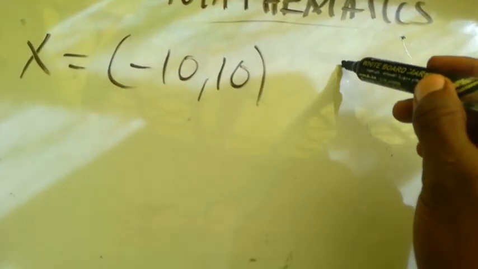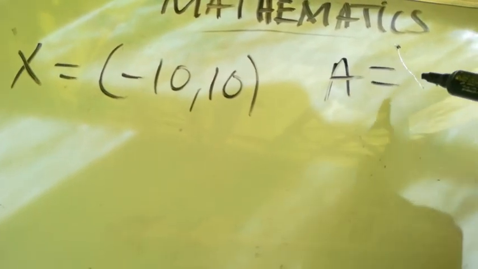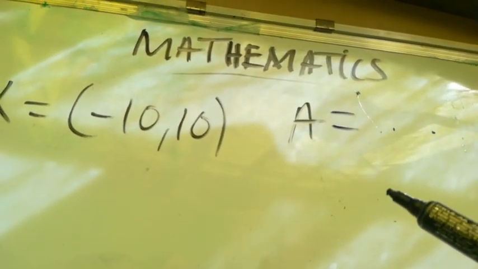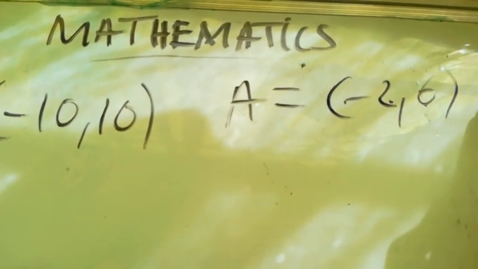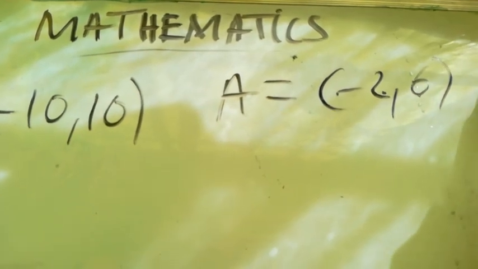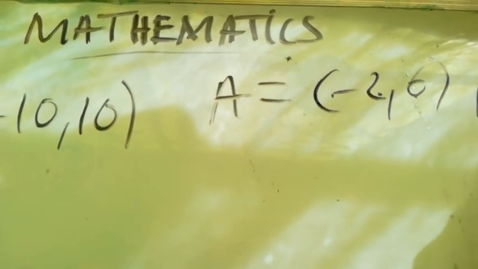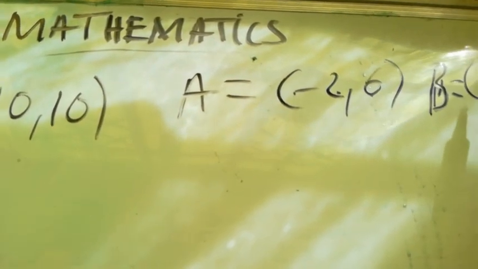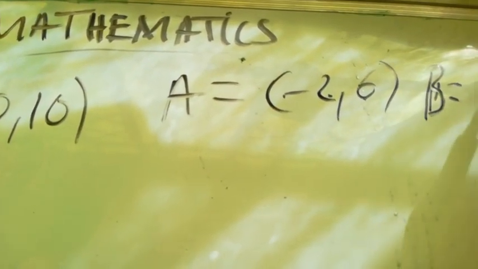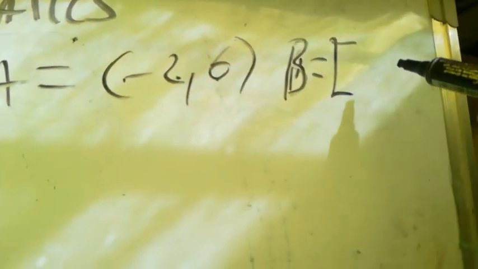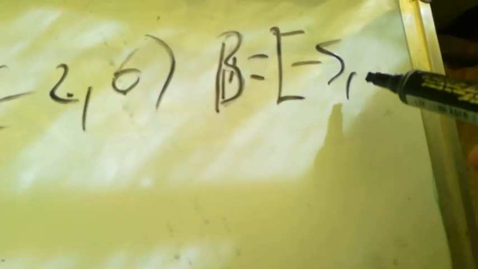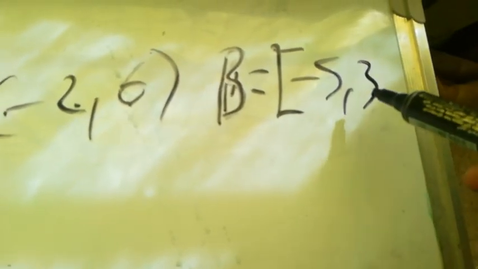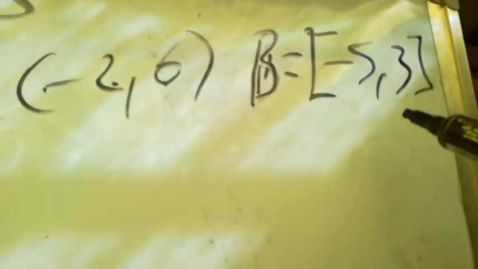So let's say this is our universal set, and we're given set A, and let's say it ranges from -2 to +6. And we've also been given set B, which will range, just for the sake of understanding, from -5 to, let's say, +3, and it's part of the set.